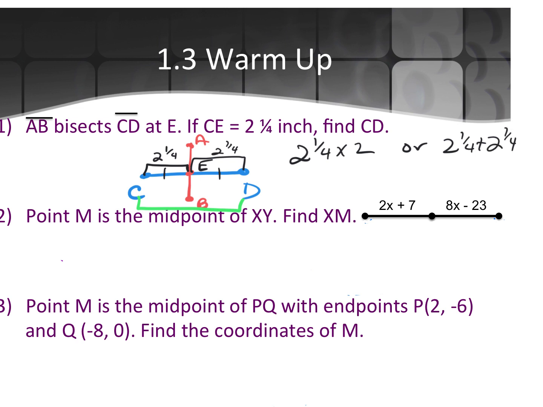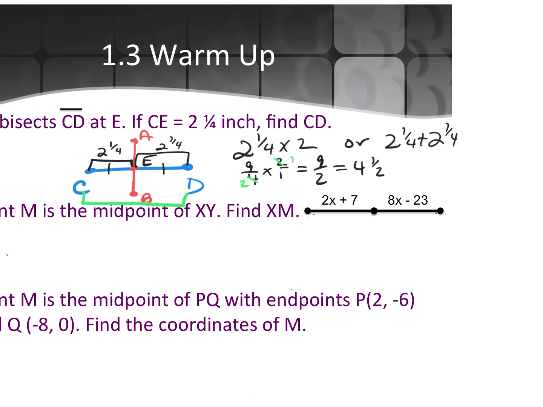Remember, when you multiply mixed numbers, you need to make them improper. So 2 1/4 becomes 9/4. And then I can turn a whole number into a fraction by putting a 1 in the denominator. I'm going to simplify before I multiply, and this gives me 9 over 2, which equals 4.5.